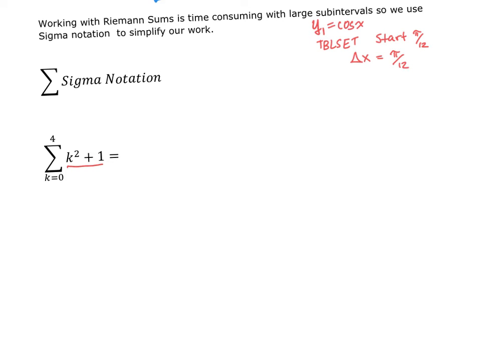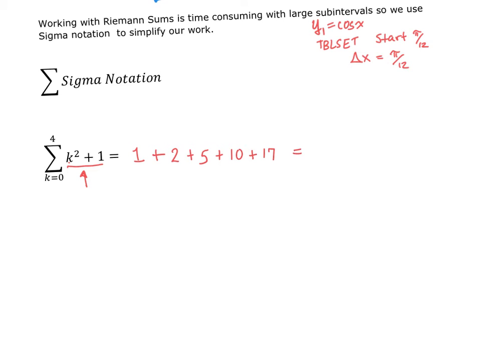So what that means is we're starting with 0, and we're going to plug 0 in, and we're going to get 1. Now plugging 1 in, 1 plus 1 is going to give us 2. 2 is going to give us 5. 3 is going to give us 10. And 4 is going to give us 16 plus 1, which is 17.